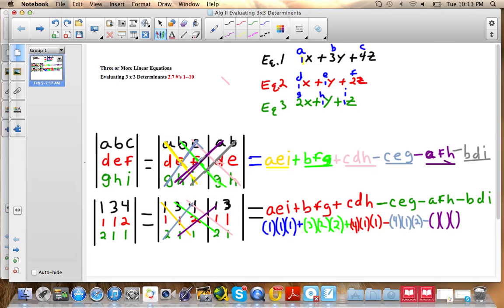F right here is 2. H is 1. 1, 2, 1, minus. And hopefully now you're kind of starting to see the pattern.